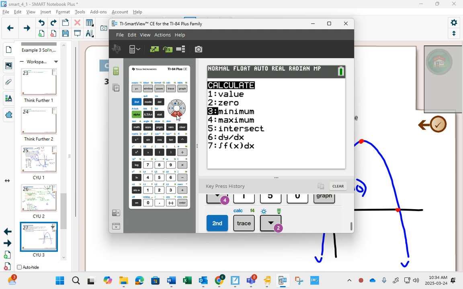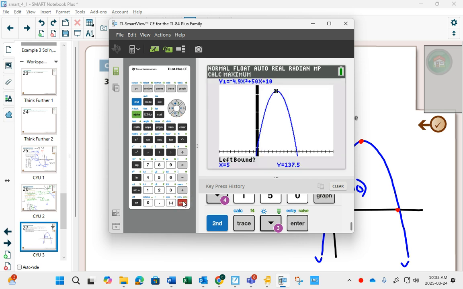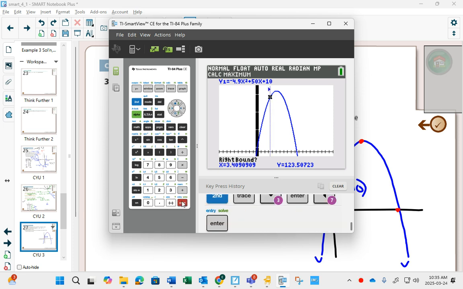Can you see, to find our vertex, we'll do that first. To find our vertex, it's a maximum this time. So we push enter on maximum. Then what they ask you to do is look at your graph, see where the maximum is, go to the left side of it. So you see where my cursor is? If I go this way, you see that currently my cursor is to the left of my maximum. If I push enter, it does a little arrow, and some of them draw the line and some of them don't, depending on your calculator.